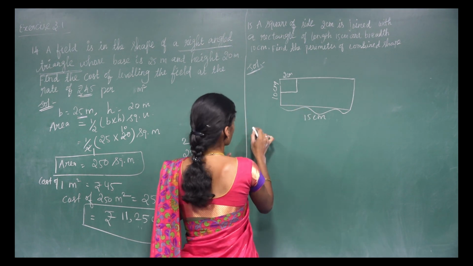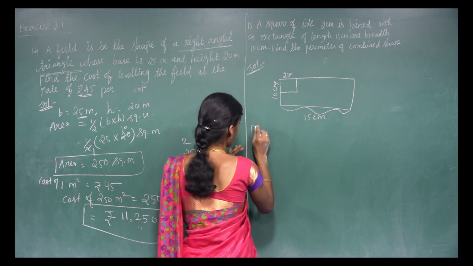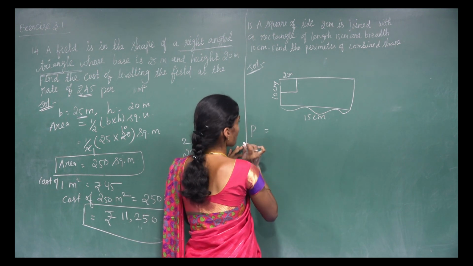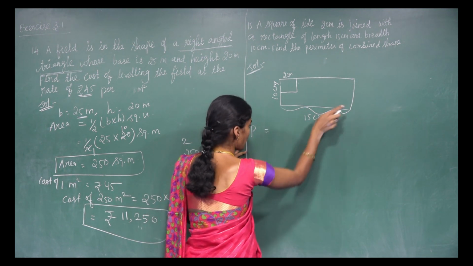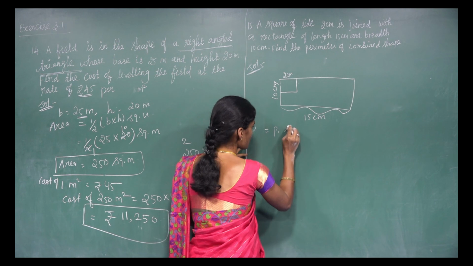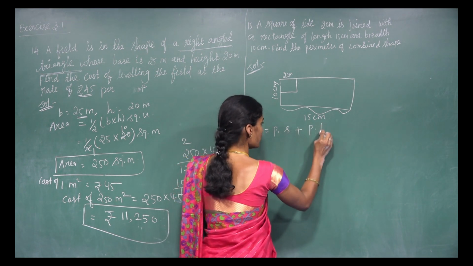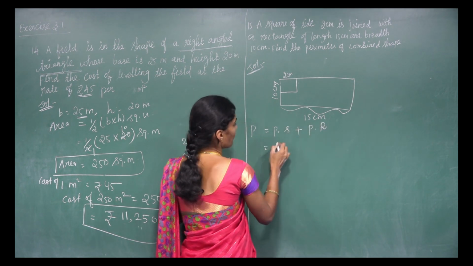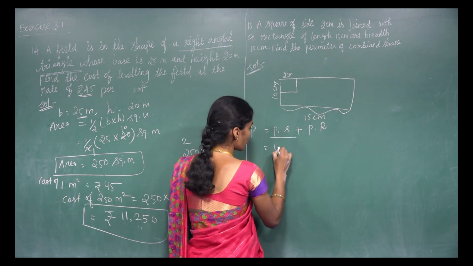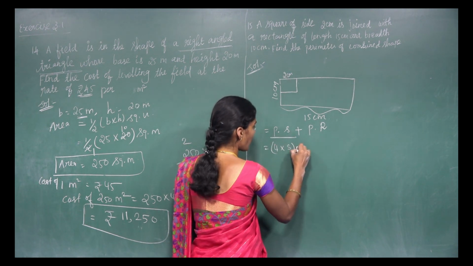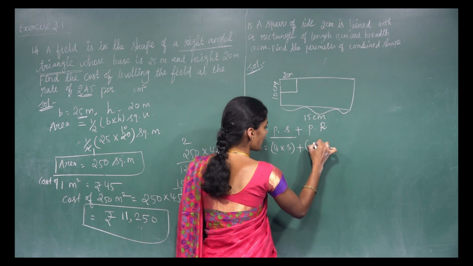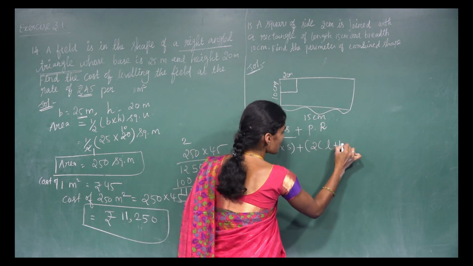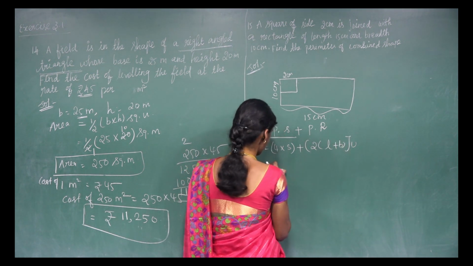But this 2 centimeter is joined with the rectangle shape. Now we want to calculate the perimeter of this combined shape. First, perimeter of square plus perimeter of rectangle we want to calculate. What is the formula for perimeter of square? 4 into side, plus what is the formula for perimeter of rectangle? 2 into L plus B units.